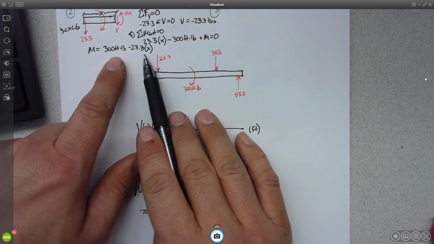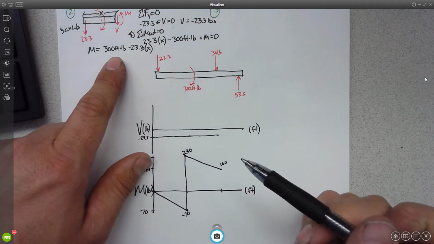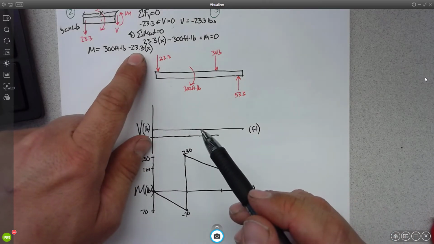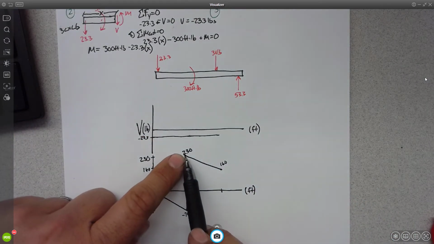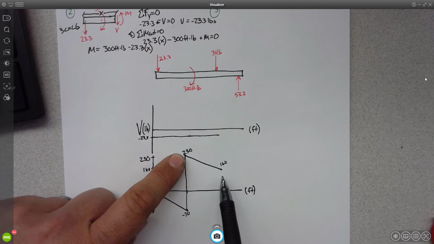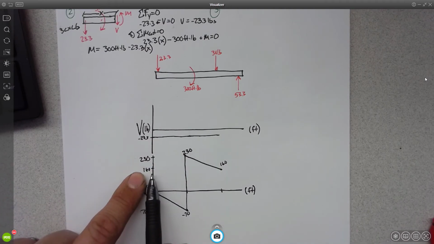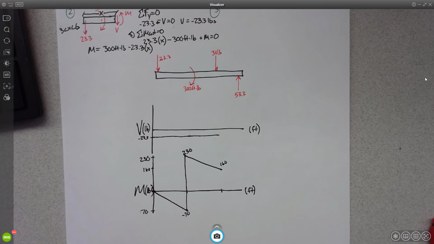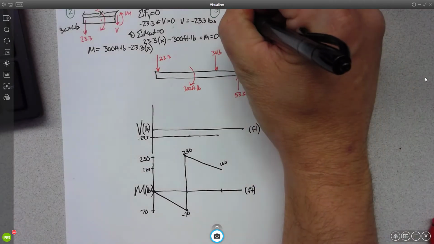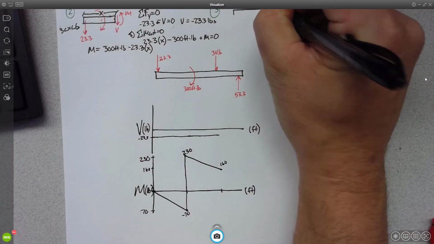Or you could say, I know the slope of that line is negative 23.3, and I start at 230, and I'm going to go over 3. So 230 minus 3 times 23.3 would be 230 minus 70, 160. Okay, all right, so let's do the last region.